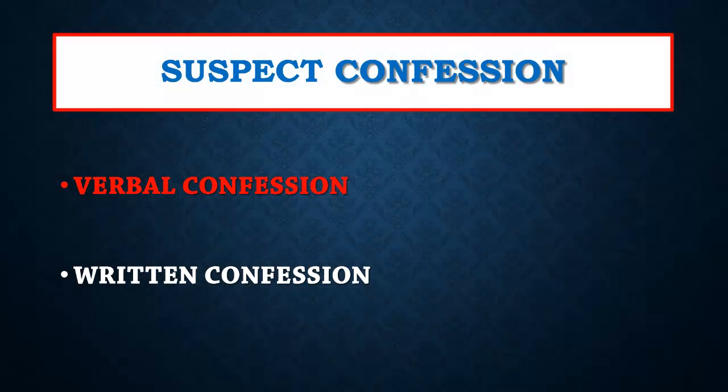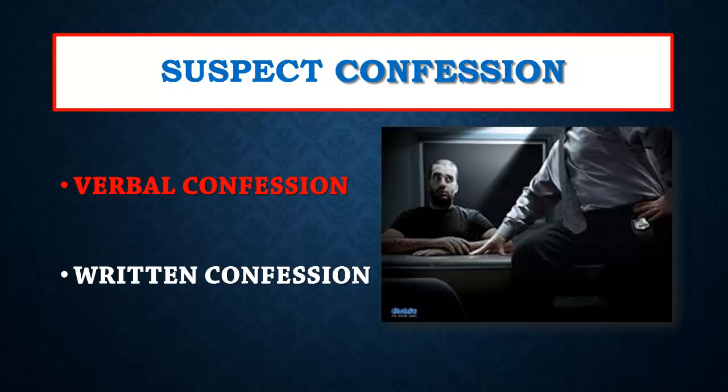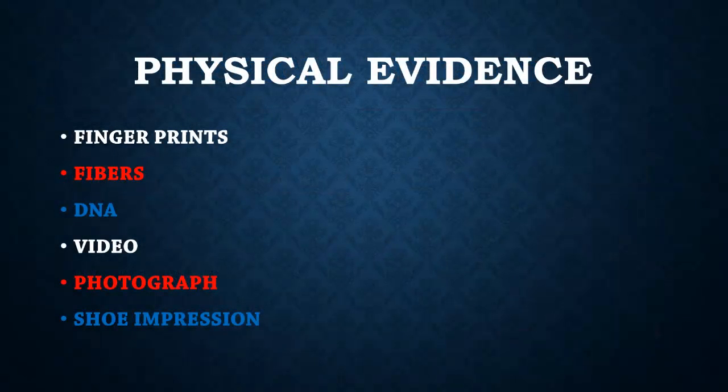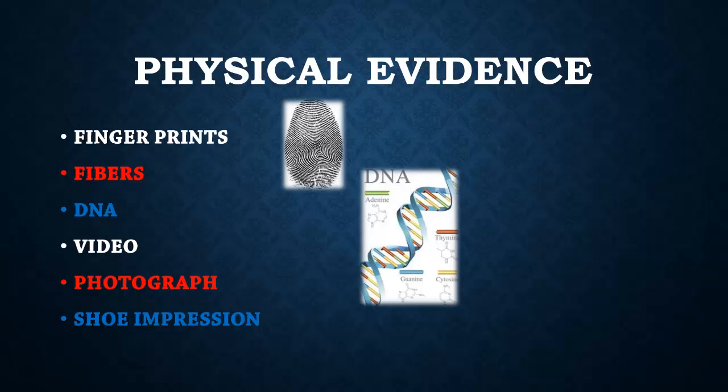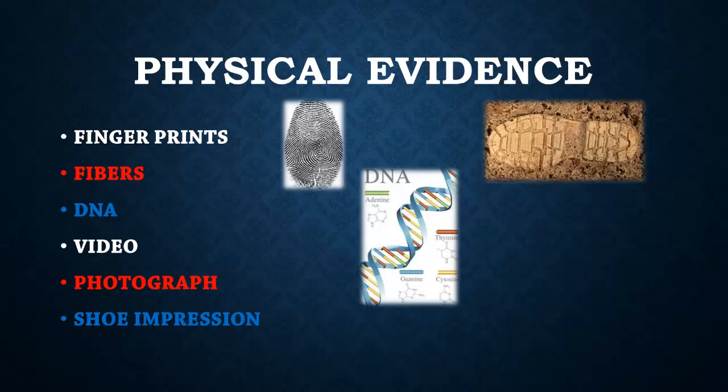Suspect confession can be written or verbal. This is when the suspect admits to the crime you are investigating. Physical evidence is evidence collected while you are on scene that can be linked to the suspect. This evidence can be DNA, fibers, fingerprints, video, and photographs.